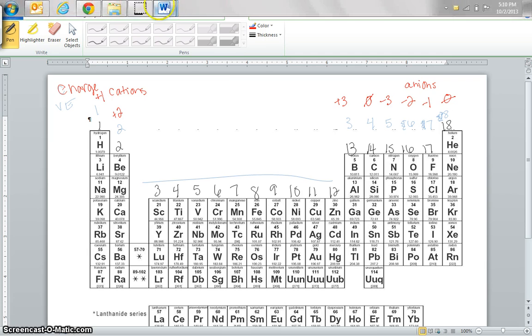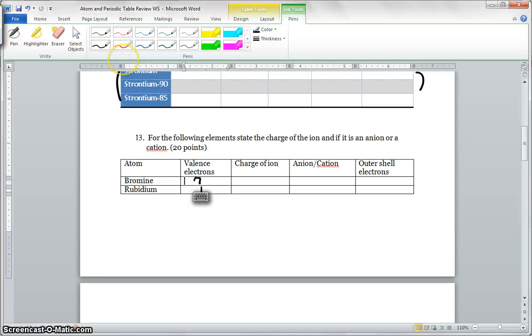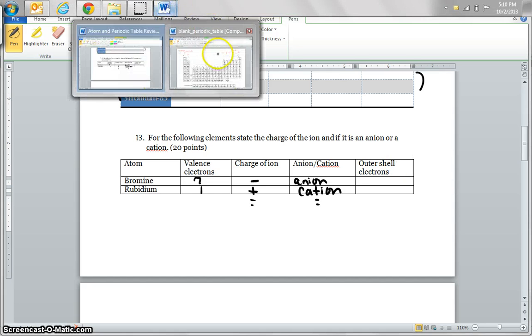So let's go back to our worksheet. So charge of the ion, if it's group 17, we know the charge is going to be negative because it's a -1 ion. Rubidium is going to be a +1. So this is going to be an anion, and this is going to be a cation. I always remember cat looks like a plus. This is a plus. Outer shells, we know that by looking at what period they are in.